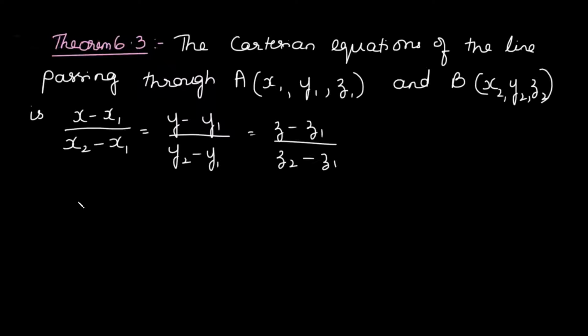The proof is somewhat similar to what we saw in the first lecture for this chapter, with respect to a line passing through a point and parallel to a given vector. So let us see the proof for this. Suppose this is the required line.